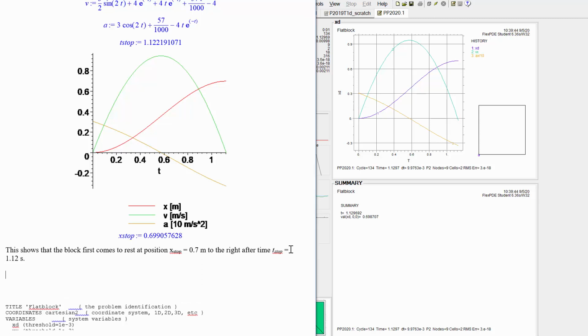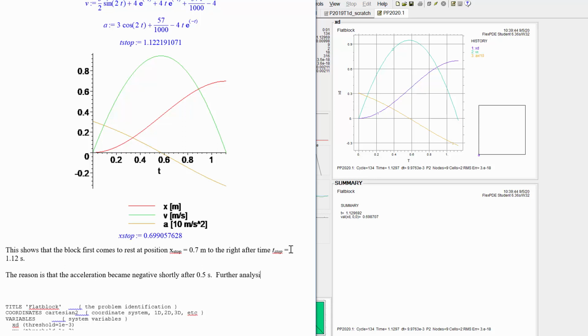Now we can analyze the reason for this. The reason is that the acceleration became negative after about 0.5, maybe let's say a bit after 0.5 seconds. Shortly after 0.5 seconds.